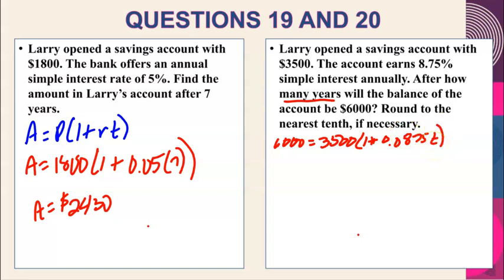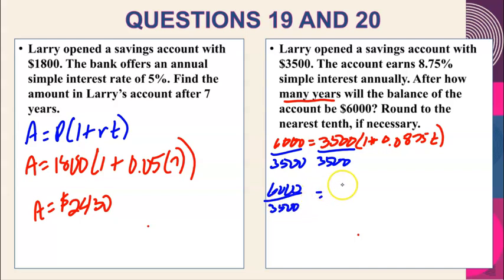Now we need to get the parentheses by itself, so I'm going to divide by 3,500. And we have 6,000 divided by 3,500.